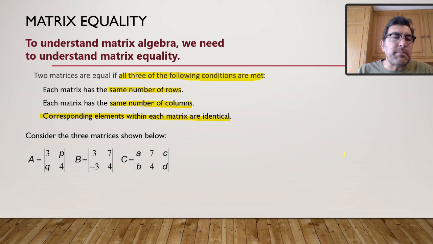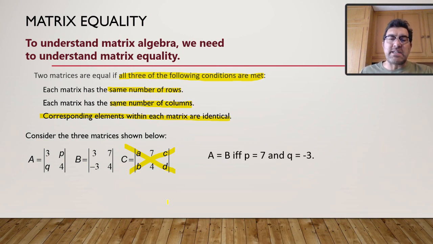Okay, so let's look at an application. Consider the three matrices there. Which of those matrices have the possibility of being equal to one another? Well, A and B have the same number of rows, 2 rows, and the same number of columns, 2 columns, while C has 3 columns. So C can never be said to be equal to A and B, because the number of columns is not the same, even though the number of rows is the same.